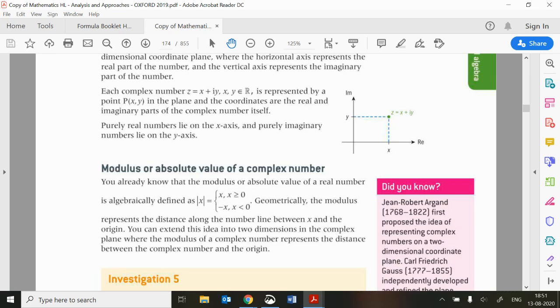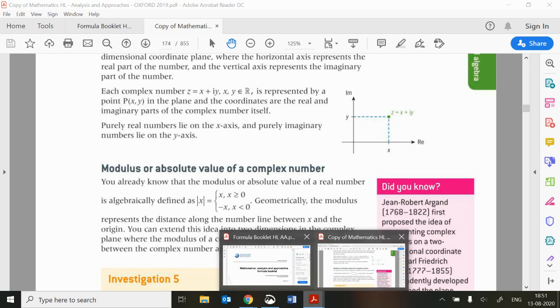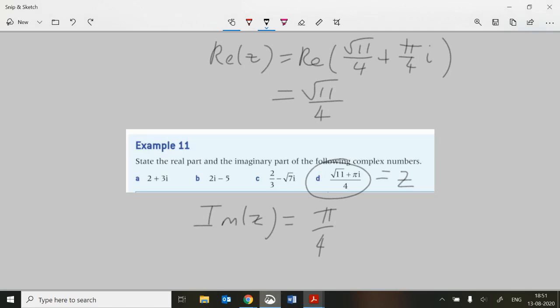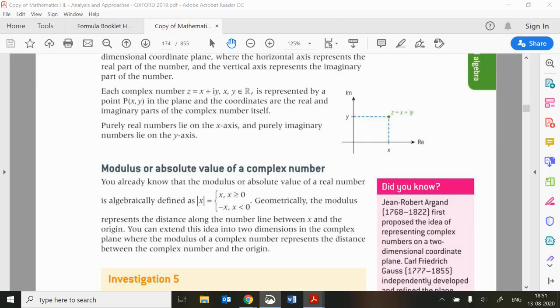So, for example, we could put it in a polar form, but we'll talk about that later on. So the Cartesian form is actually like, let's get rid of everything here. Okay, so when we say z equals a plus bi, that's the Cartesian form.